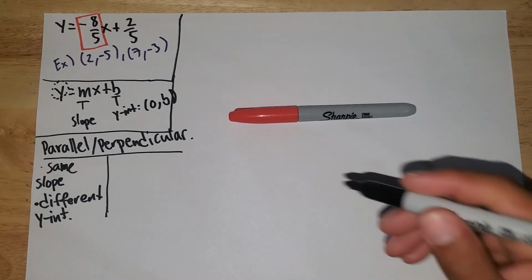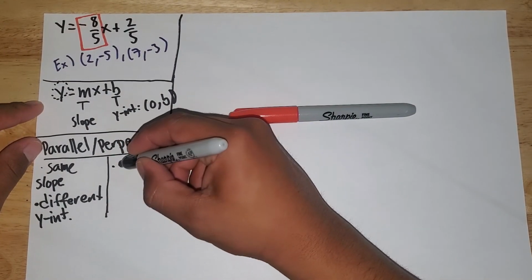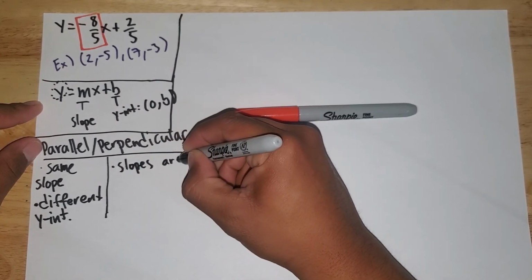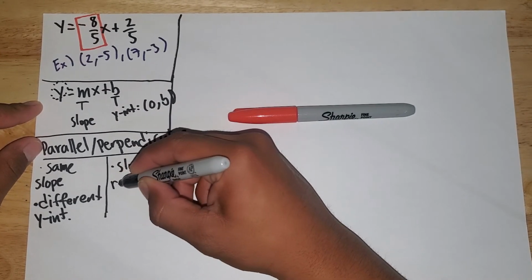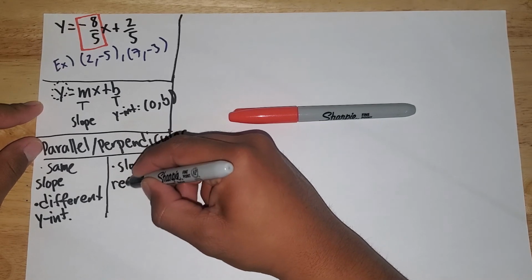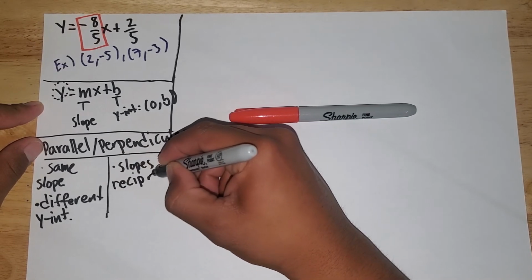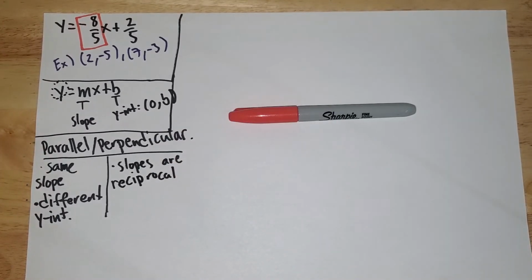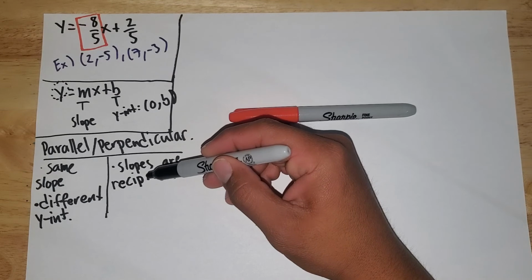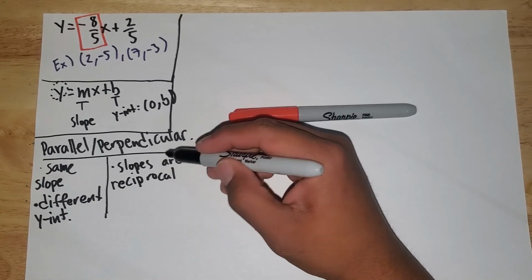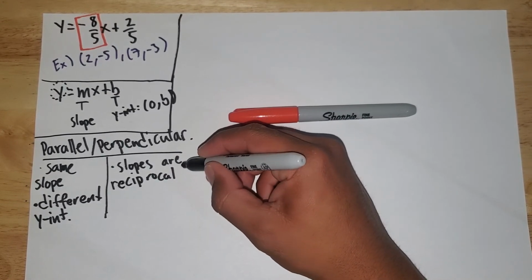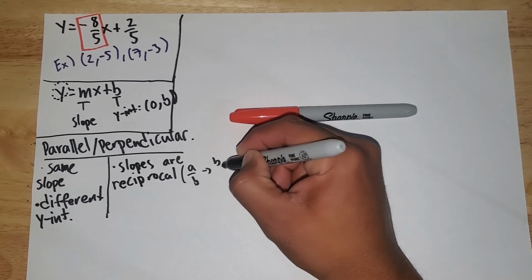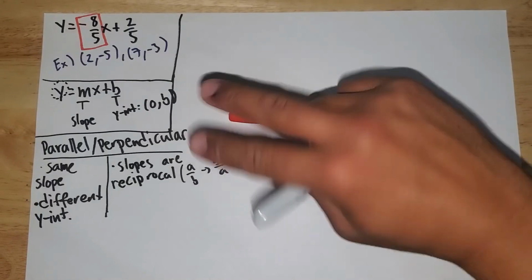And the slopes are reciprocal of each other. If you guys remember what reciprocal means, that's A over B and then B over A. So that's like flipping.